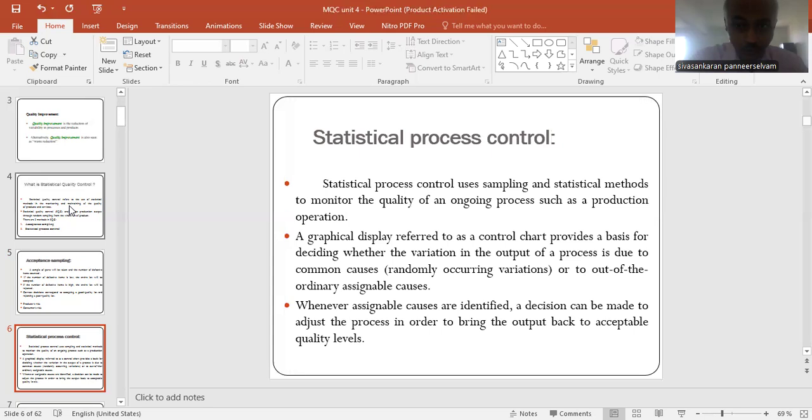The next method in statistical quality control is statistical process control. This method tries to apply the input of both sampling and statistical methods to observe the quality of the ongoing existing production process at the shop floor level.